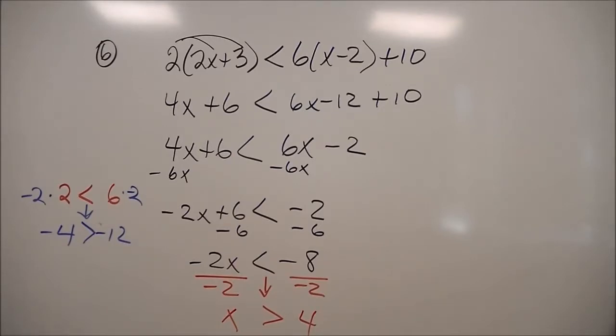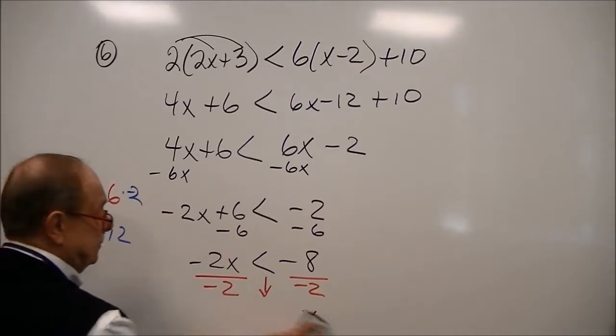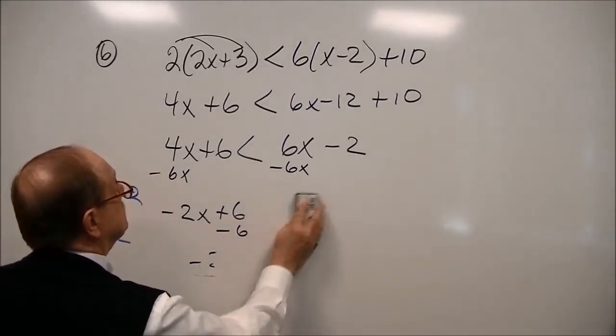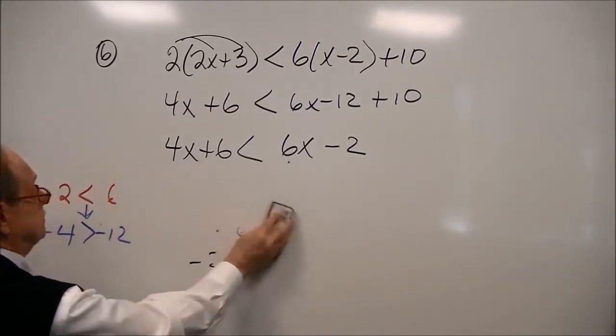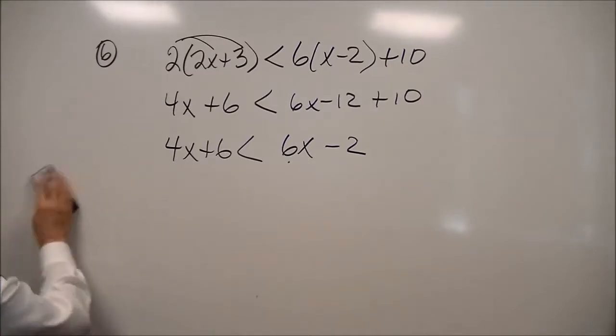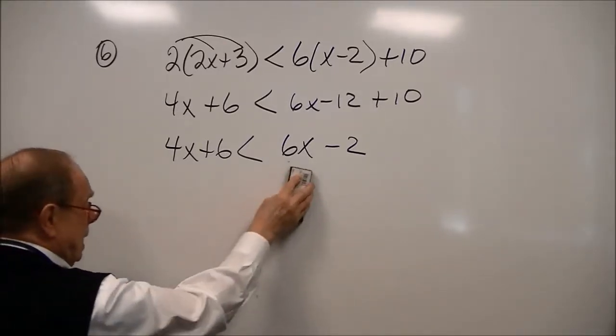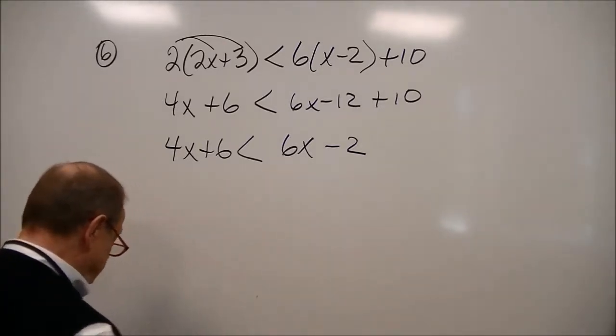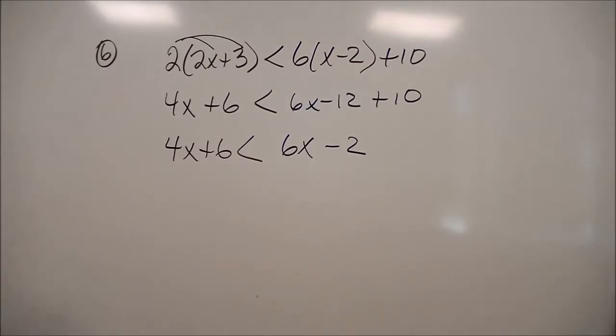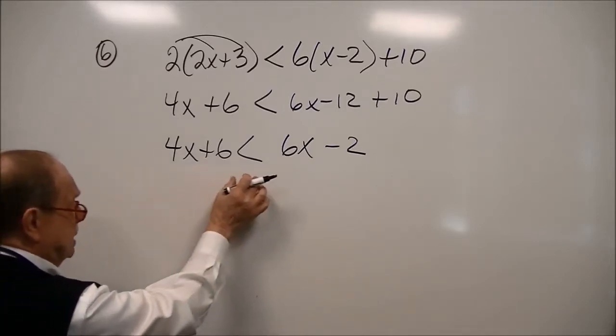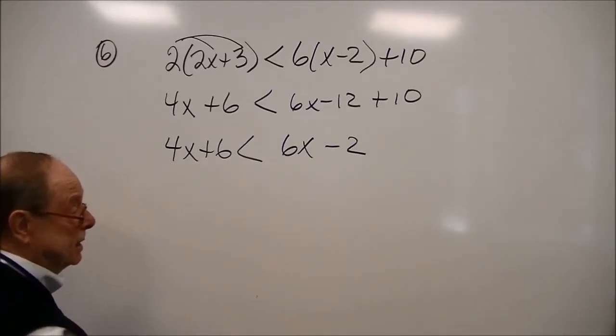Now I'm going to show you how to solve this another way, and you'll see the difference. I always tell my students, try to keep your variable positive, and there's a reason for that. By keeping it positive, I don't have to divide by a negative.